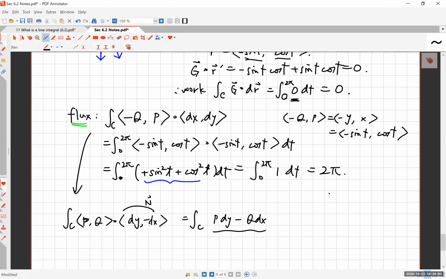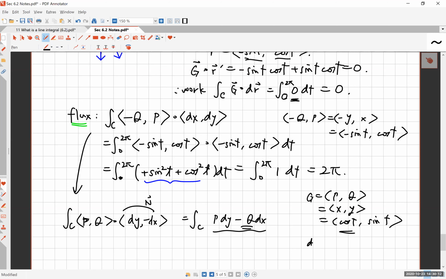And so I first have to know what p and q are, right? So in this case, G was p q, and remember this was x y. And using your parameterization, you may want to write this as cosine t sine t. Then p is cosine of t, and q is sine of t.